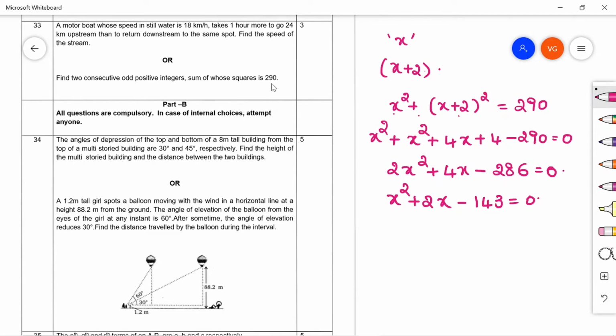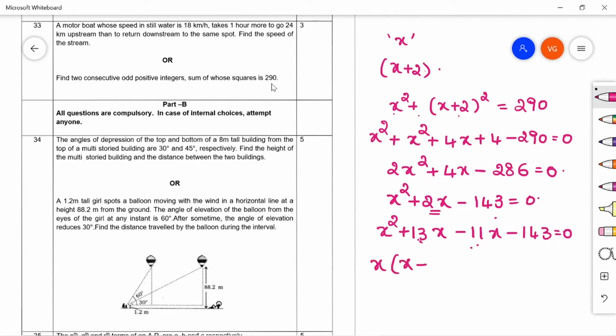Now I have to find the roots. So x square plus 13x minus 11x minus 143 is equal to 0, because 13 into 11 is equal to 143 and 13 minus 11 is equal to 2. I am using this splitting up of the middle term.